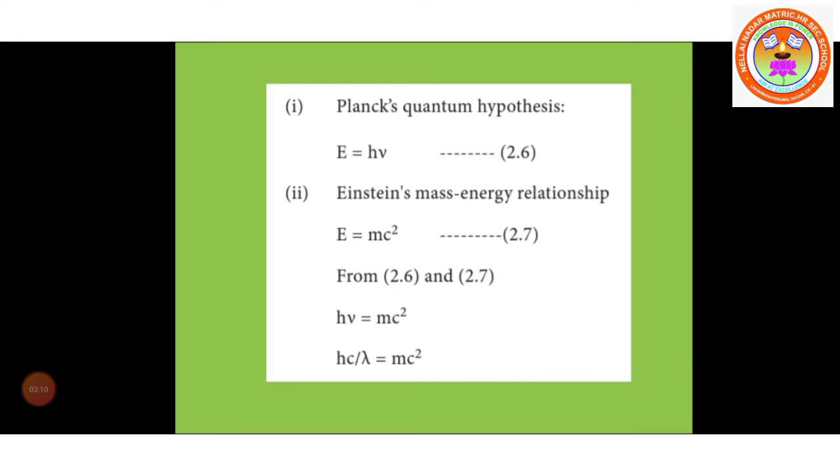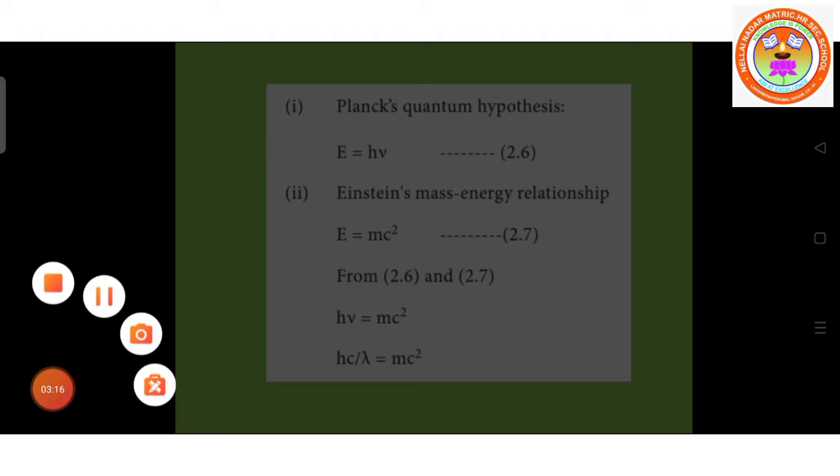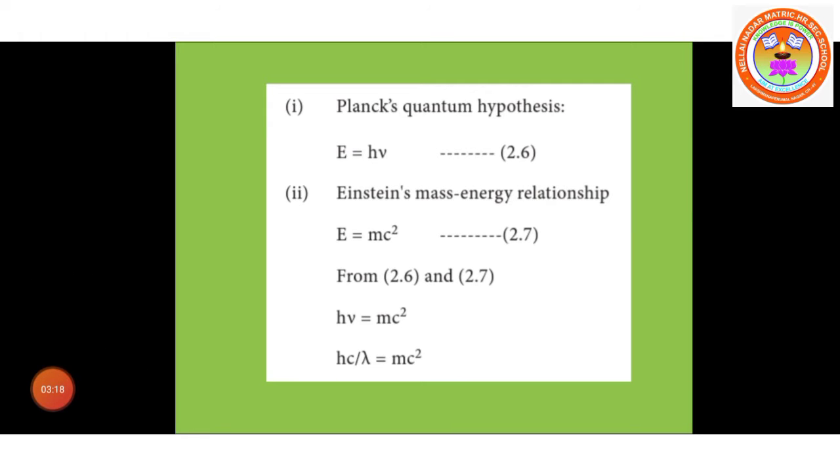Here the frequency nu is equal to c by lambda, so instead of nu, we substitute c by lambda. So h c by lambda is equal to mc square.